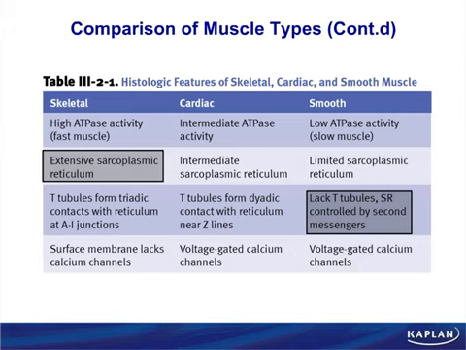As we already indicated, sarcolemma of skeletal muscle does not have calcium channels, no calcium fluxes across. All calcium comes from the SR. Cardiac and smooth, they do have calcium channels, voltage-gated calcium channels, because calcium will come from the extracellular space and participate in contraction for both cardiac and smooth, but not for skeletal muscle.